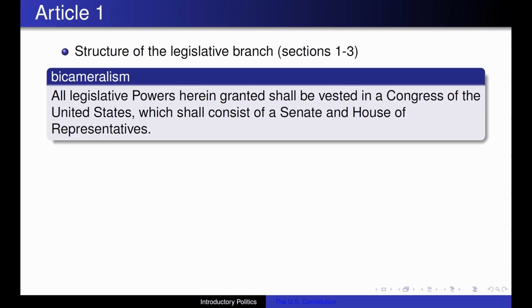This is one of the advantages of bicameralism. One of the drawbacks, though, is that it makes it very likely to stall, and very difficult to do anything at all at some points in time. And so that's bicameralism. We have a House of Representatives and we have a Senate.